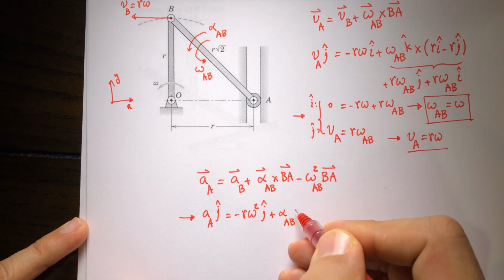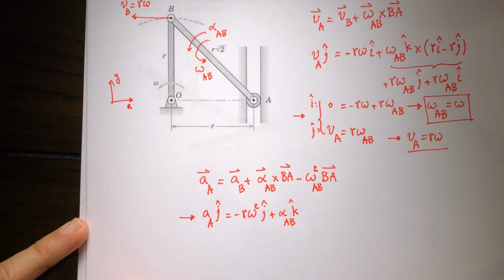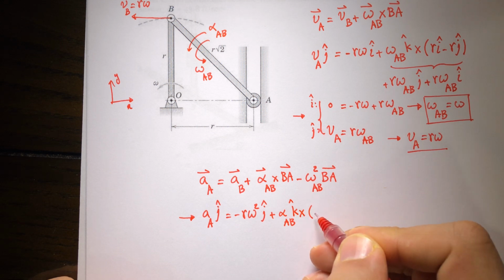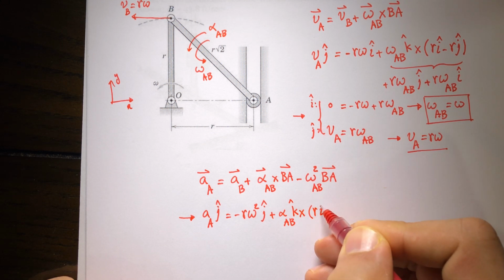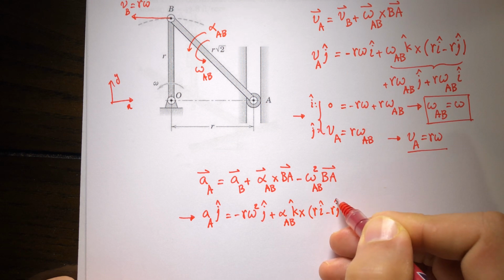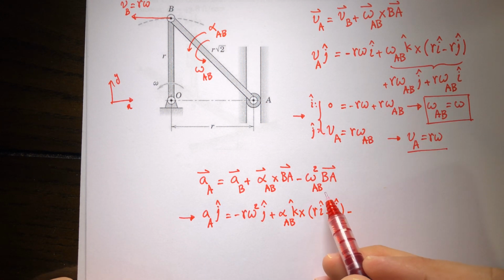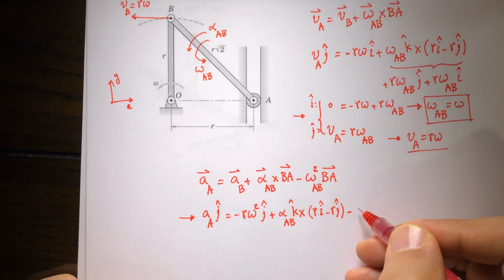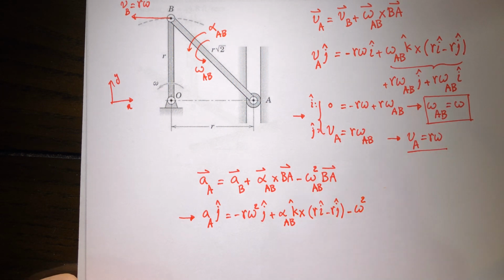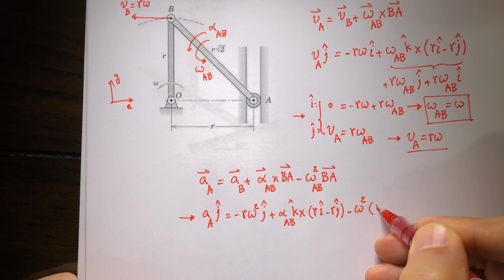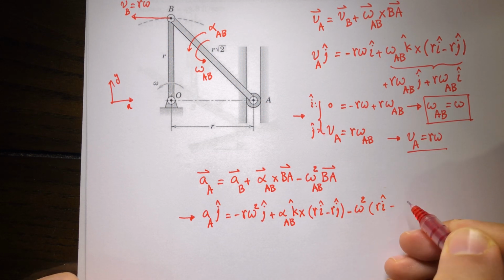It could be negative. Cross BA, which is r in the i direction, negative r times j, minus omega AB squared, and we know what omega AB is, it is equal to omega, so I'm going to have omega squared times BA, again r i hat minus r times j hat.